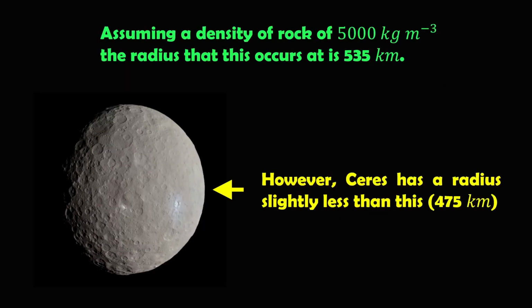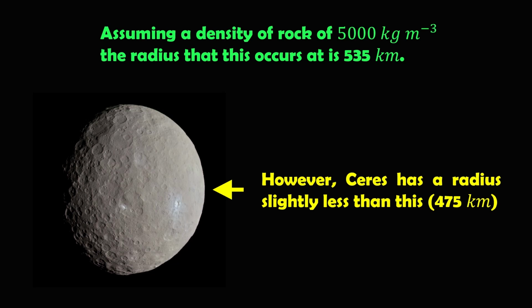And again, if you assume a density of rock of about 5,000 kilograms per cubic meter, you can work out the radius at which this occurs. And it's around 535 kilometers, a radius at least. However, Ceres has a radius which is slightly less than this. It has been measured at 475.